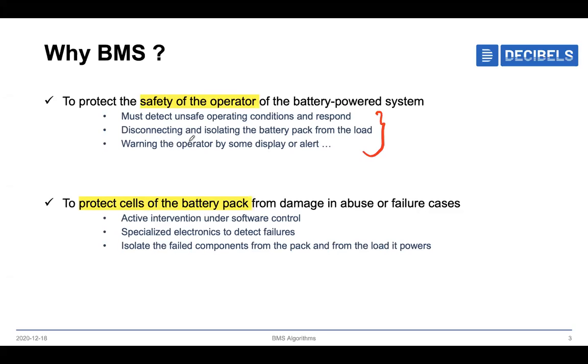It can protect the cells through active intervention under software control. The BMS is software that can stop cell discharge and charging, and also detect failures, as we discussed in the first step, and isolate the failed components. By these ways it can protect the cells of the battery pack.